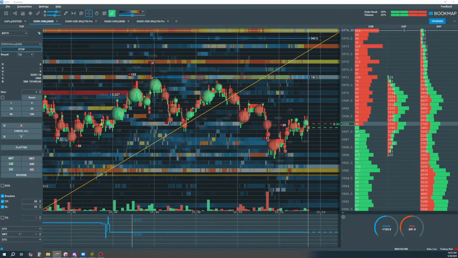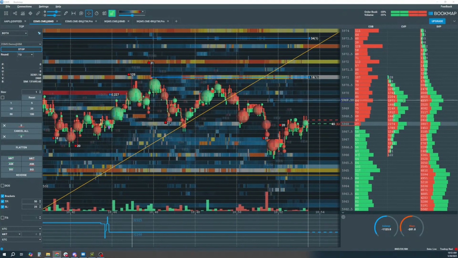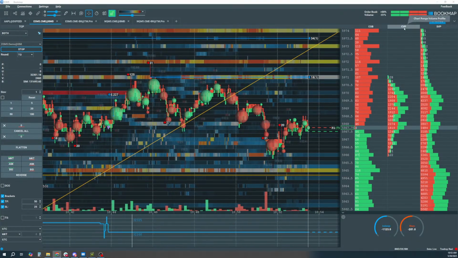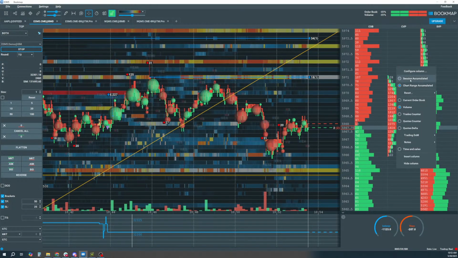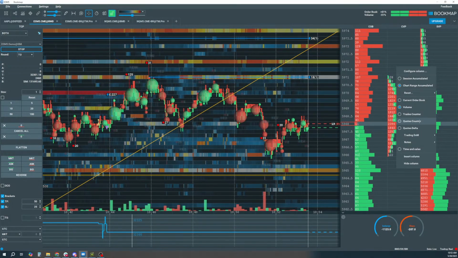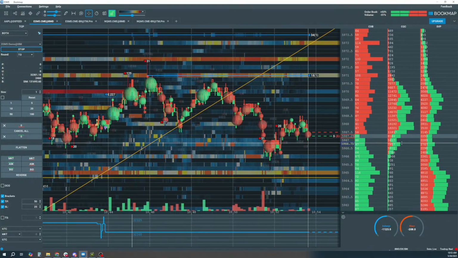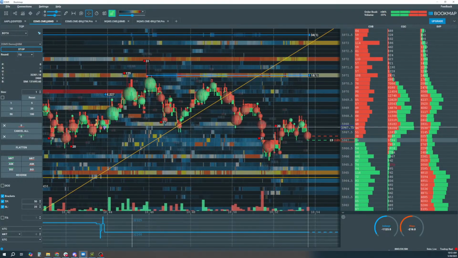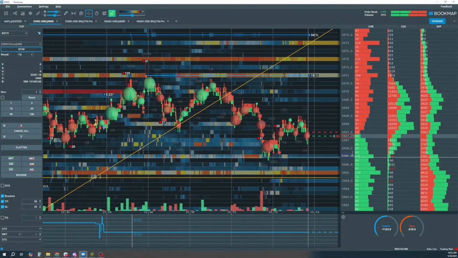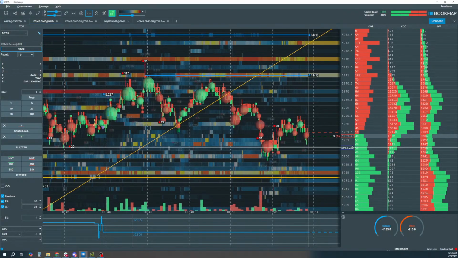There's another thing to take a look at, not your volume counters over here, like chart range volume profile. Right click in here and go to quotes counter. This is flurries of activity. This is quotes. If there are a lot of quotes flashing in an area, it gives some insight into what might be going on.